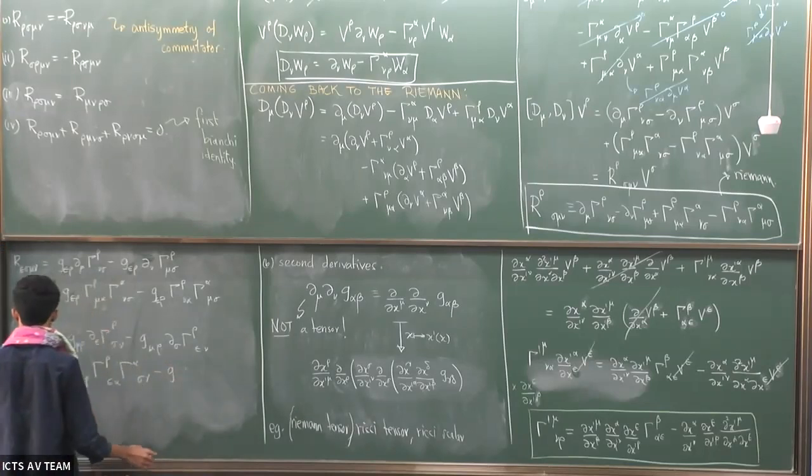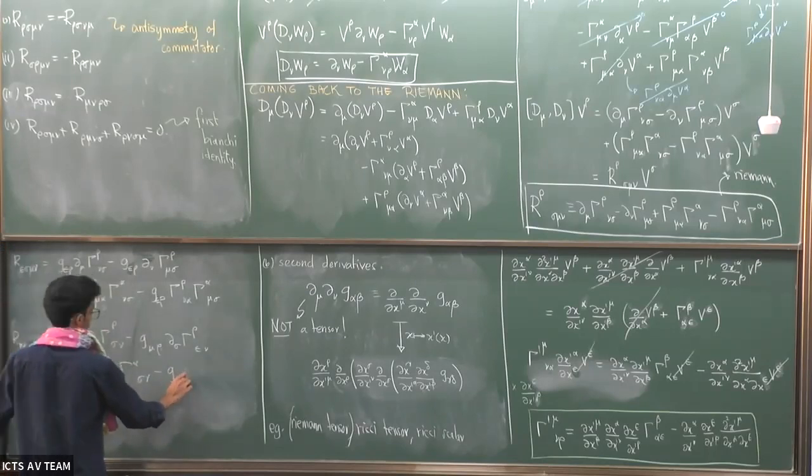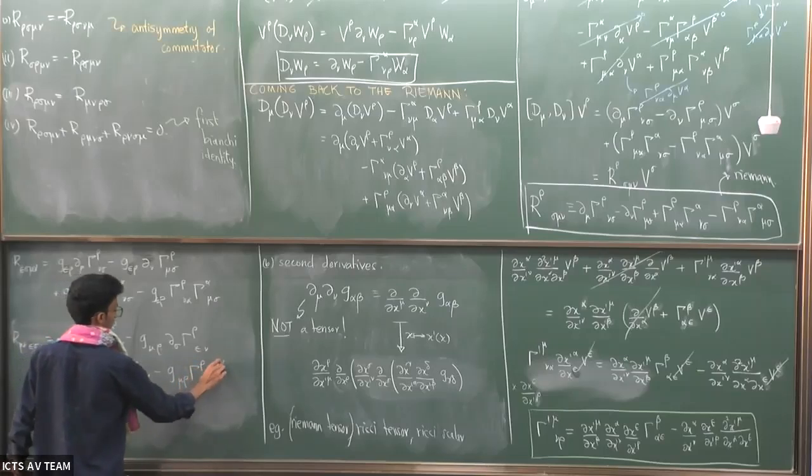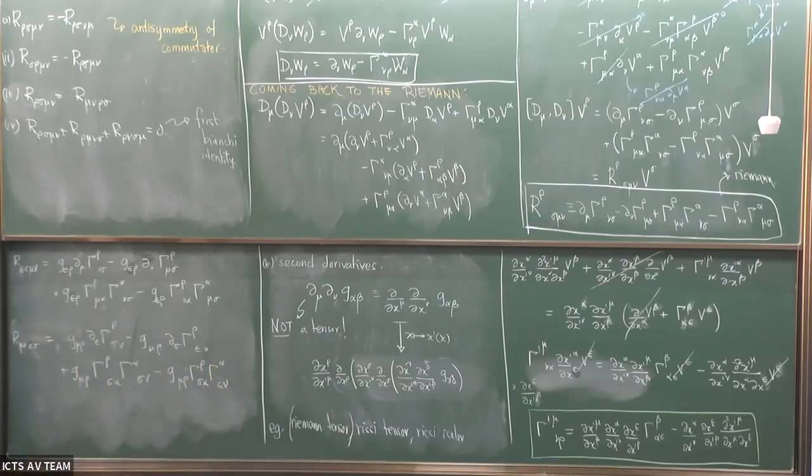Minus g epsilon is a mu, rho gamma alpha nu is a sigma alpha, mu is an epsilon, sigma is a nu. Is it okay? Yeah, the question is how do I show that this is equal to that?